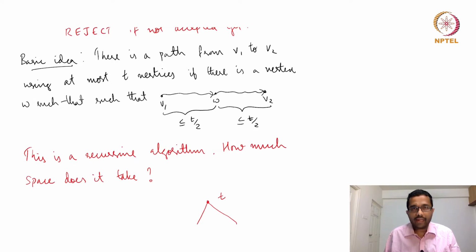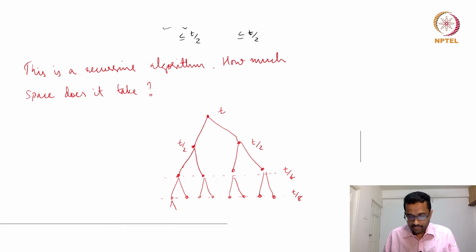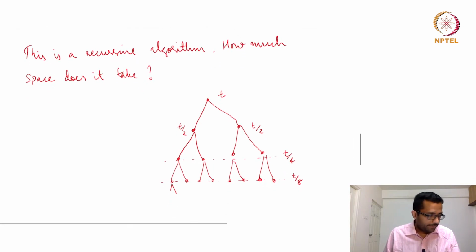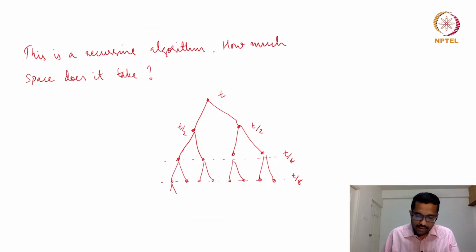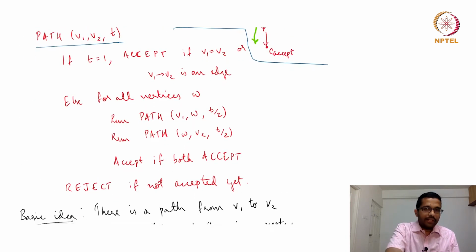So let us see what happens when the recursive call is made. At any level of recursive call, you may recall from what you learned in algorithms or data structures that when a recursive call is made, the program needs to store some information in the stack, right? That's how recursive calls are made.